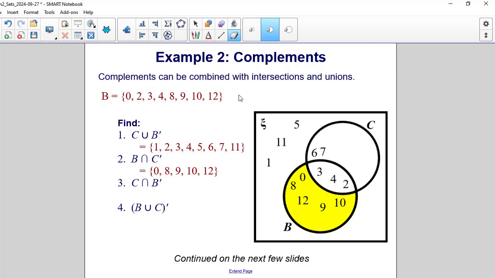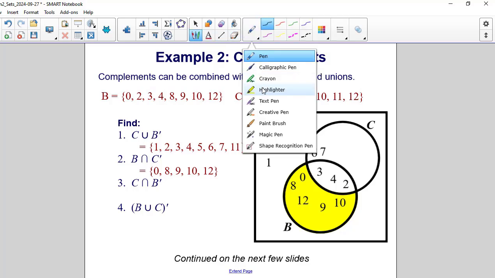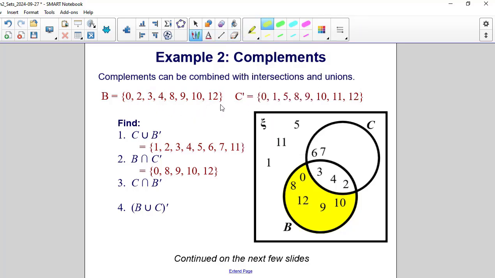For the complement of set C, they would be all the numbers that are not in set C. So basically write down every number except the numbers that are in set C. So we get 0, 1, 5, 8, 9, 10, 11, 12. Now for the intersection, we're going to indicate the numbers that are in both sets. So we see that 0 is in both sets.